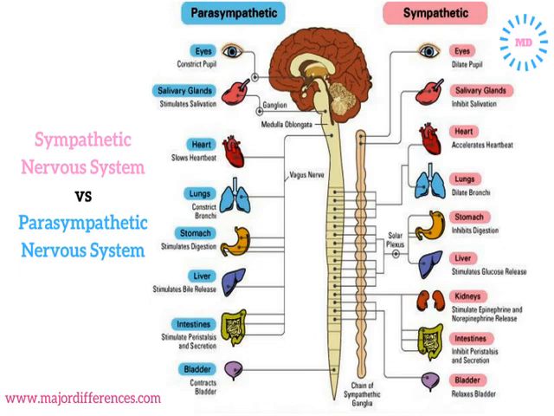On the stomach, we said that the parasympathetic stimulation will produce an increase in the secretion of hydrochloric acid, increase in the contraction, while the sympathetic stimulation will produce inhibition of the secretion and inhibition of the digestion.